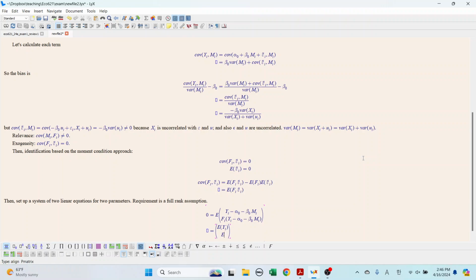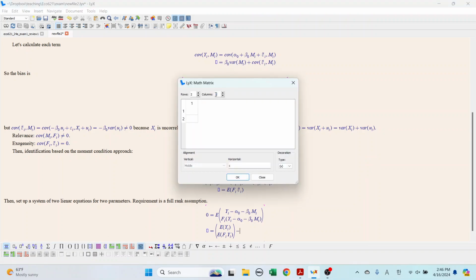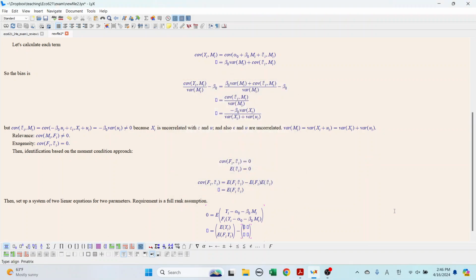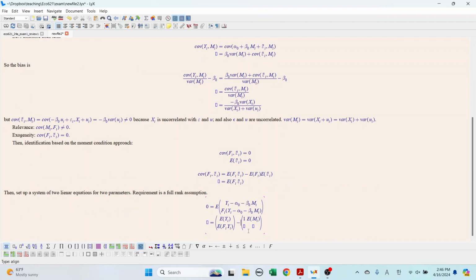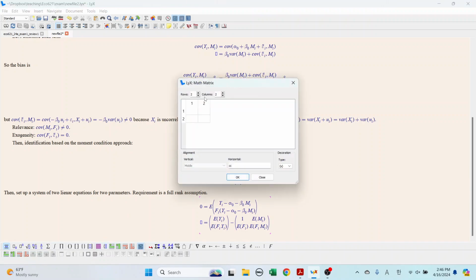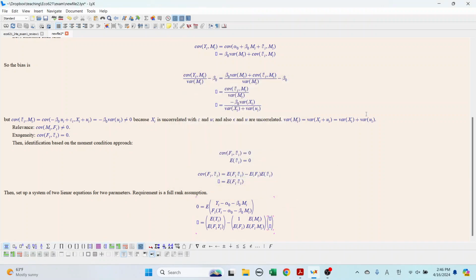the expectation of y and the expectation of fi y equals a 2 by 2 matrix, with 1 and expectation of m in the first row, and expectation of f and expectation of fi m in the second row, multiplied by the parameters.